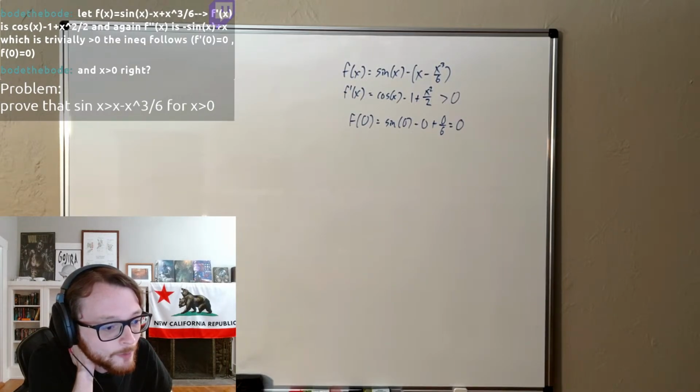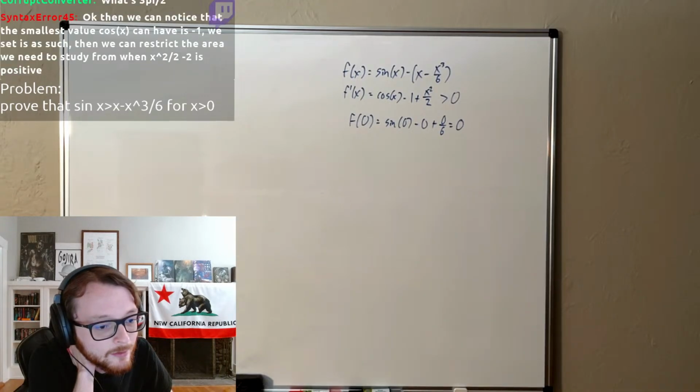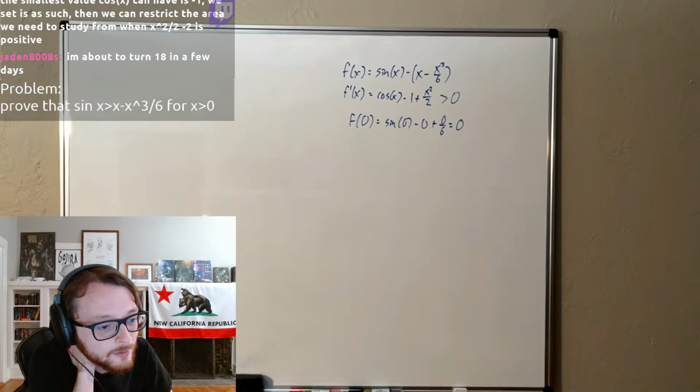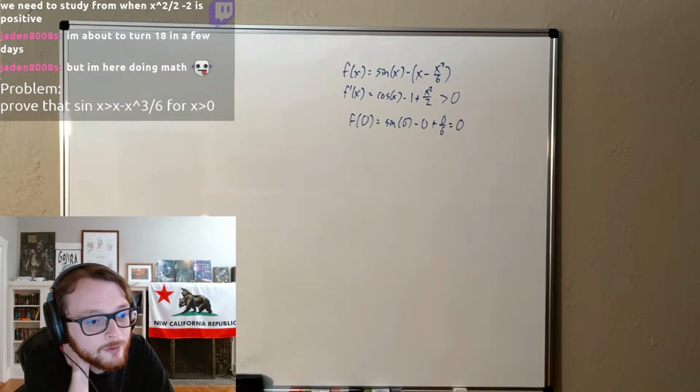Cosine x between -1 and 1, so cosine x minus 1, x squared over 2 minus 2 is always greater than 0? Oh, no, I don't think it is. For a small x, I don't think that's true. So it's decreasing at that point.